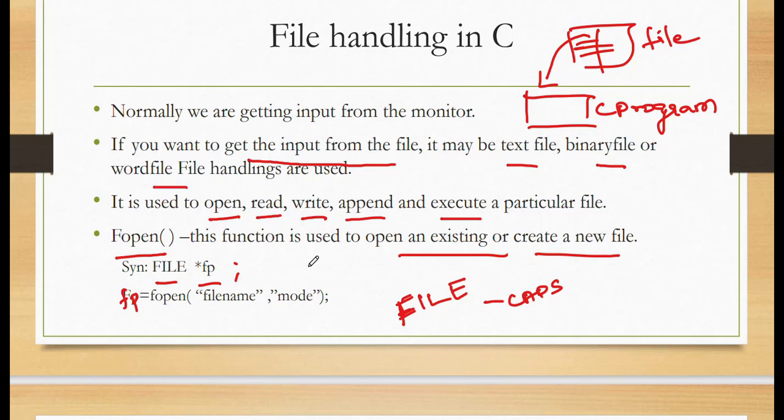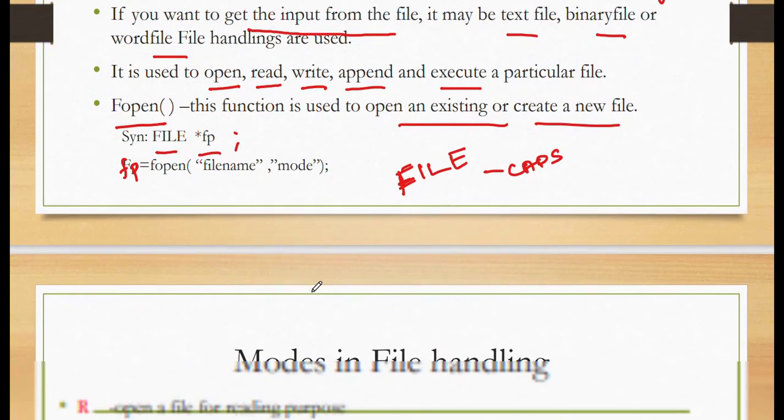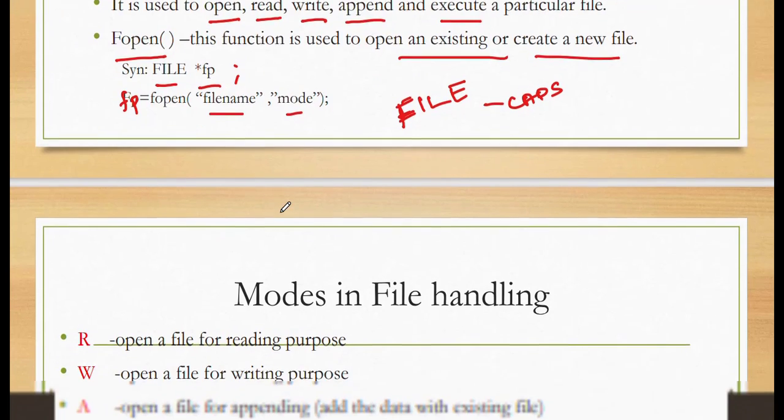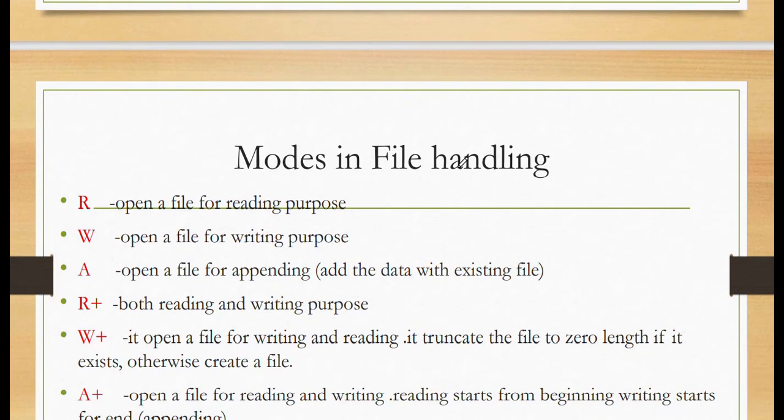File name is the name of the file, and I will tell you what the mode is. There are different modes in file handling. Mode means for what purpose I am using that file.